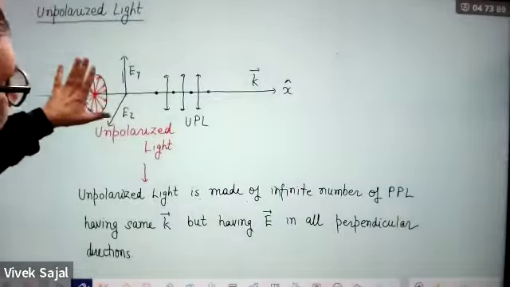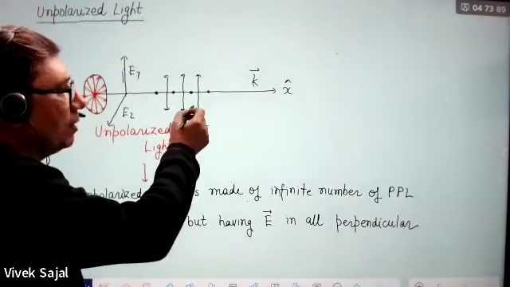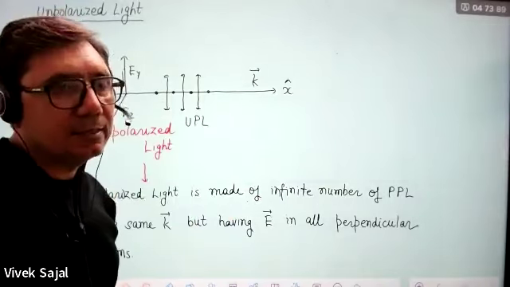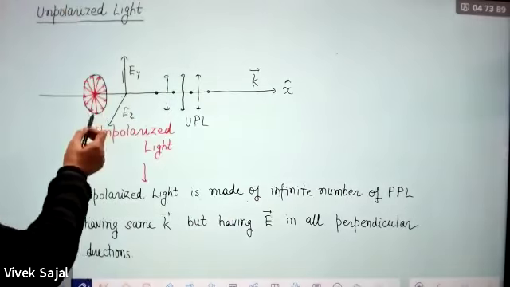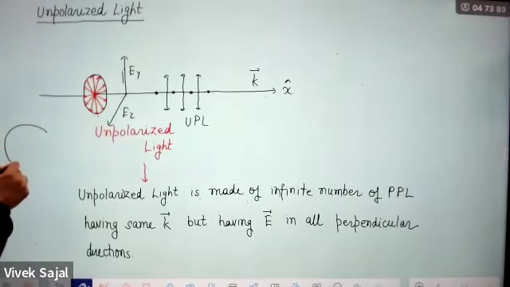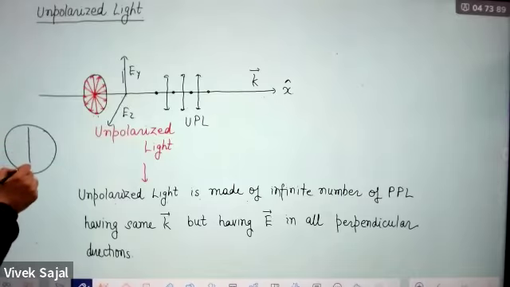So here there will be two plane polarized lights. One plane polarized light we are going to call P, another is called S. But before that, this is unpolarized light. So wherever unpolarized light is there, you are going to represent it in this way.